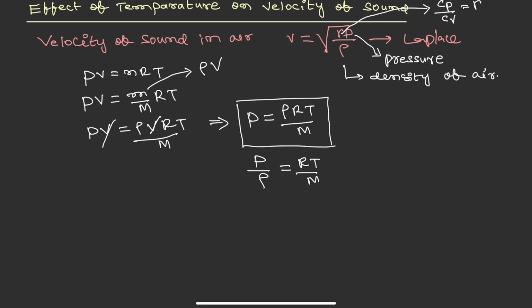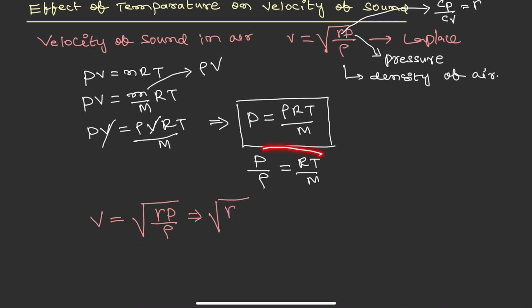Now this is about velocity of sound in air, under root of gamma P by rho, which means square root of gamma as it is. P by rho is what?